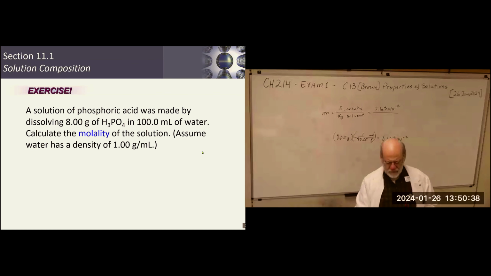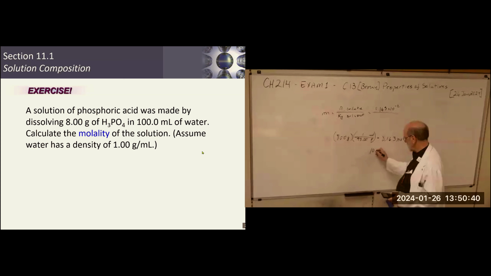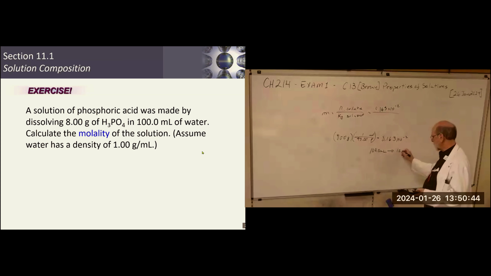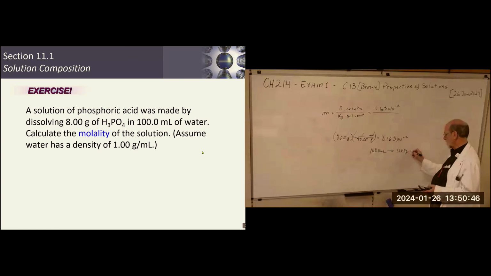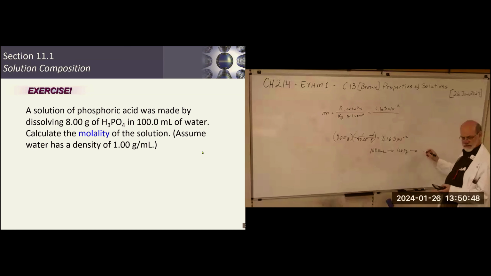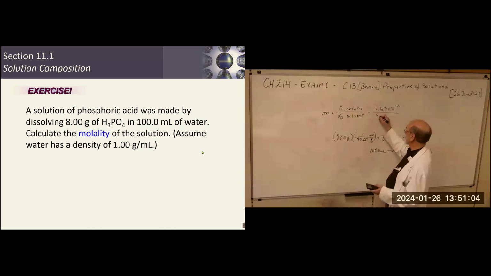So if we have 100 milliliters of water, that's equal to 100 grams of water, which is how many kilograms? What do you say? How many kilograms is 100 grams? One, two, three. There we go. So now we put 0.100.